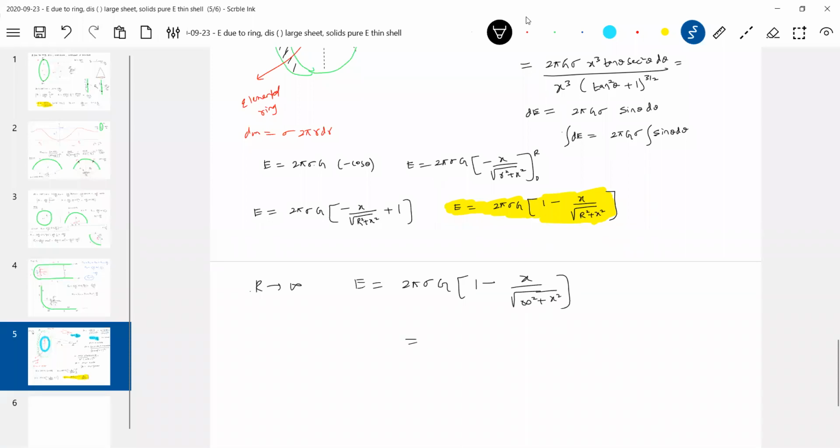So our final answer will be 2 pi sigma g. Sigma we defined as m by pi r square. So our final answer is 2 g m by r square.